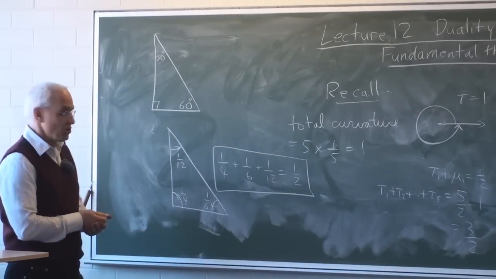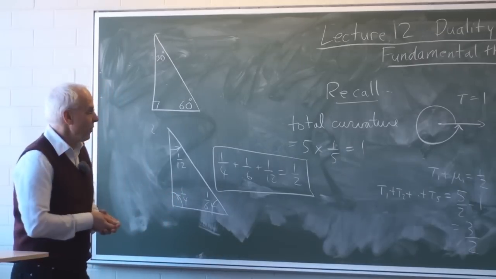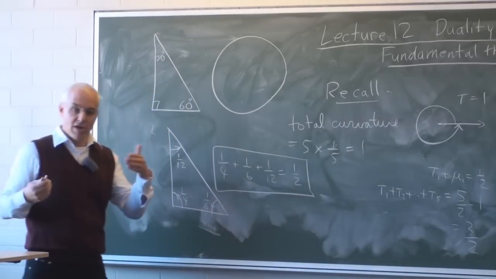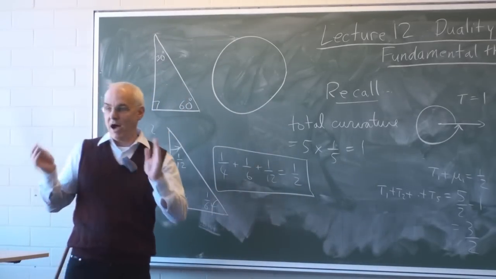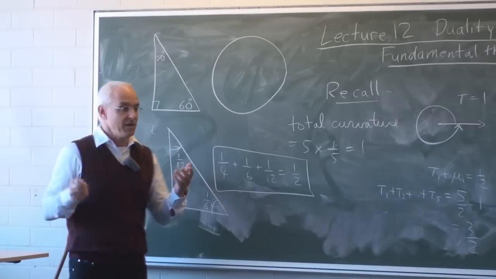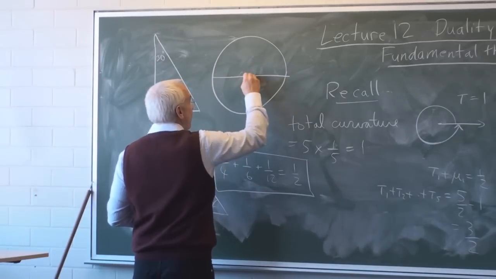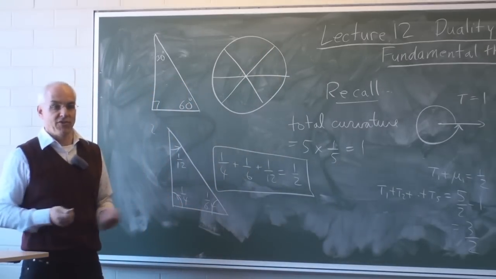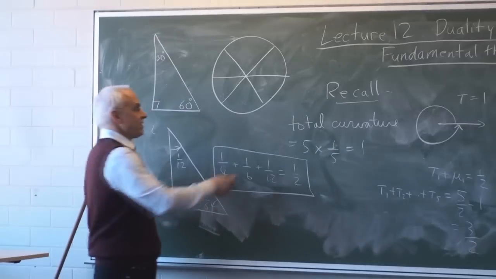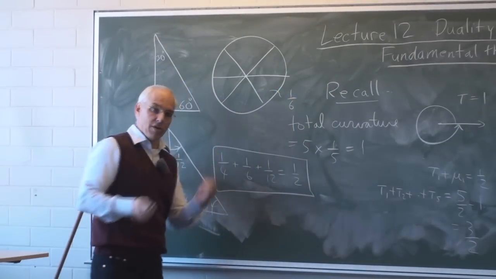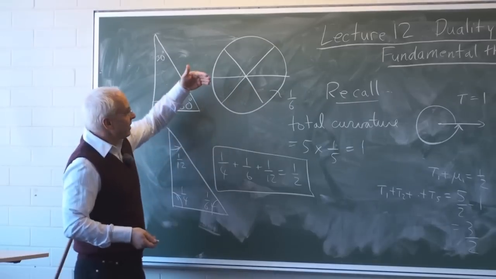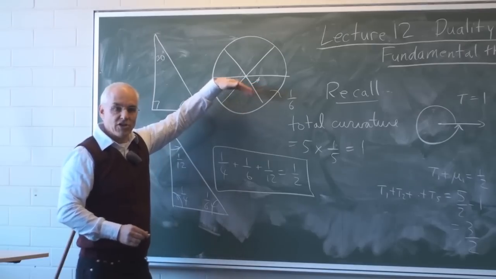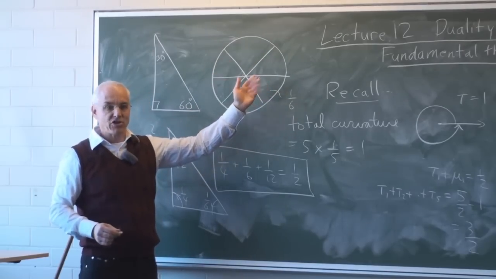And for those of you who teach young children, let me remind you that when children learn about fractions, one of the simplest ways that they can visualize what a fraction is, is by dividing a pie up into equal pieces. So if you want to teach a child what is 1/6, there's perhaps no better way than to divide a pie up into 6 equal pieces, and each one of those pieces is 1/6 of the total. It's very natural then for the angle at one of these to be the same as the fractional piece itself.